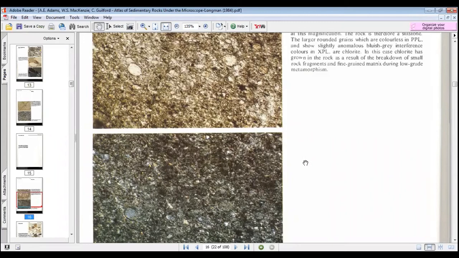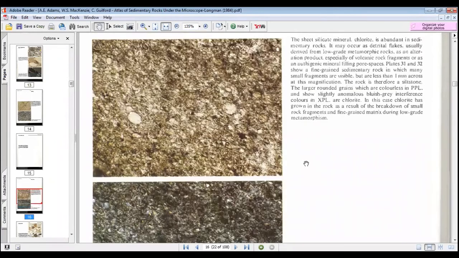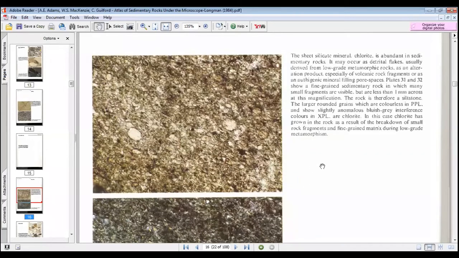These are the flakes that are a product of low metamorphic rocks as a result of their alteration. The feldspars change into kaolinite, and then they change into chlorite, and sometimes the chlorites are directly a product of feldspar weathering.